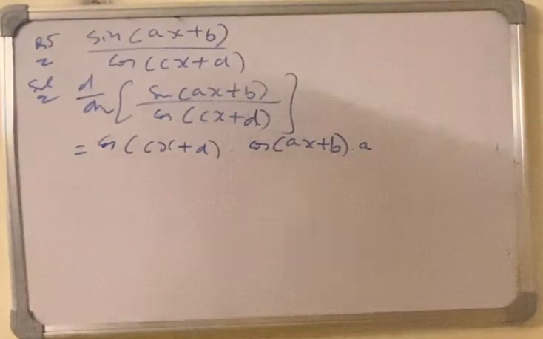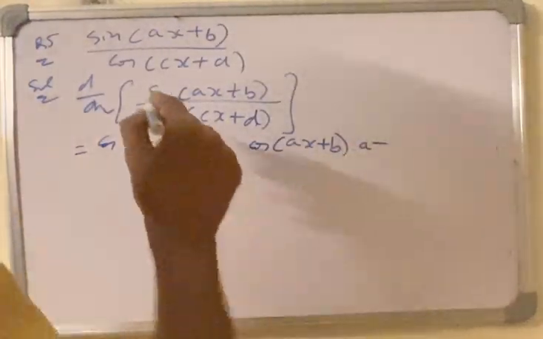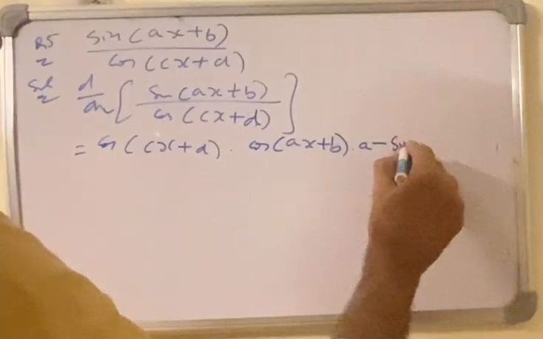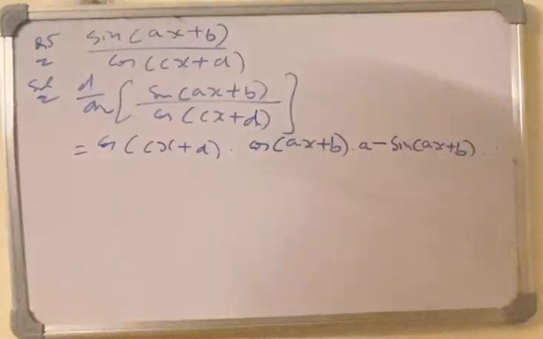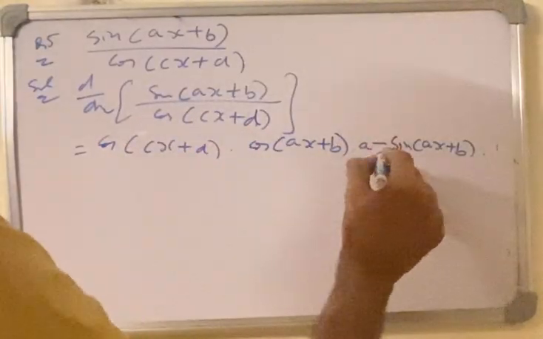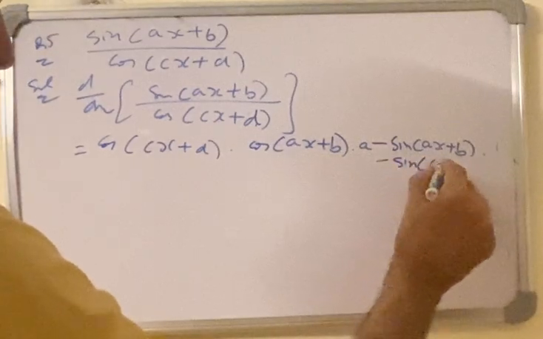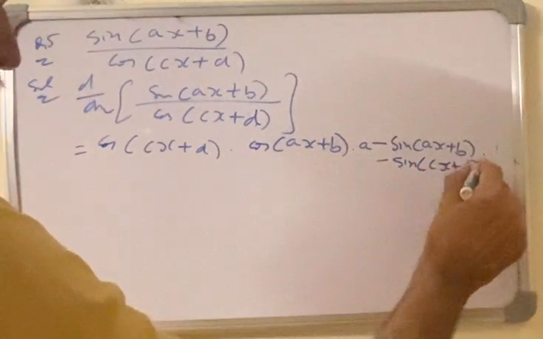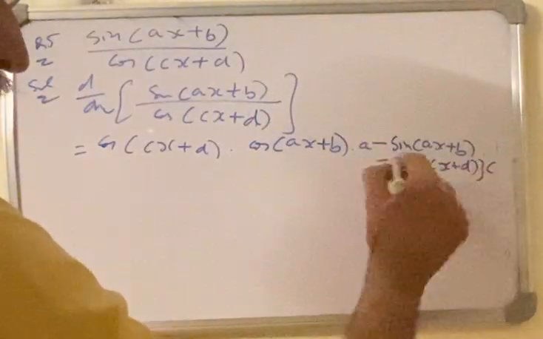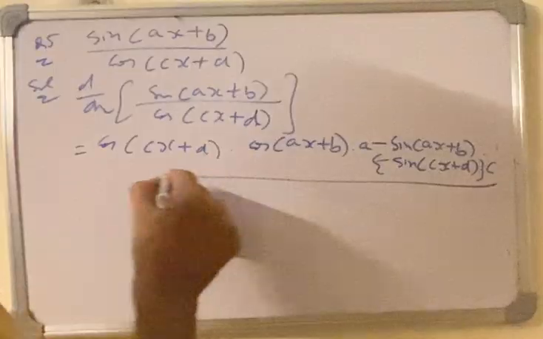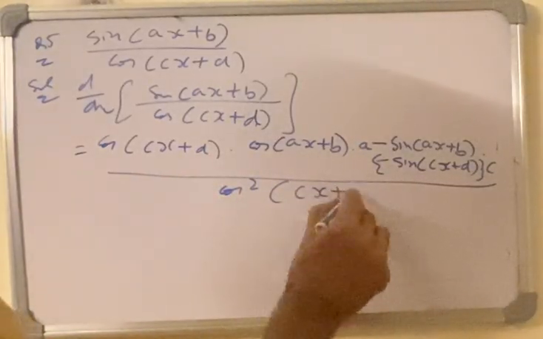Derivative of b is 0 and that of x is 1, minus sin of ax plus b into derivative of cos of cx plus d, which is minus sin of cx plus d into c, over cos square of cx plus d.